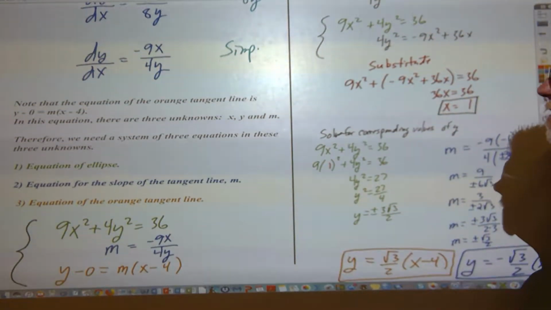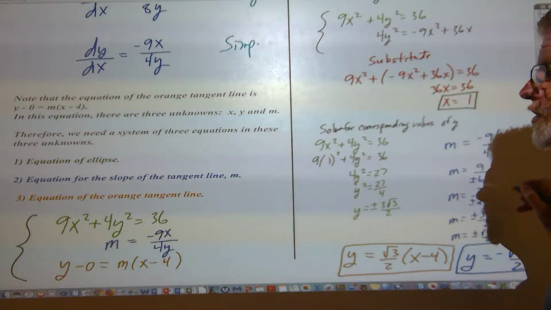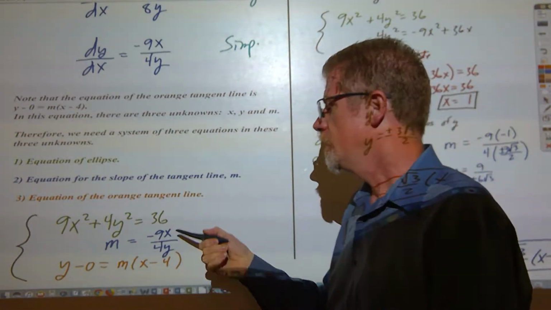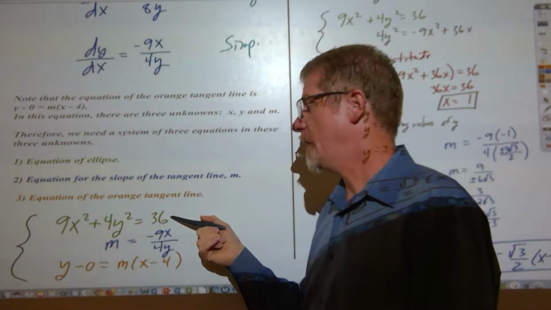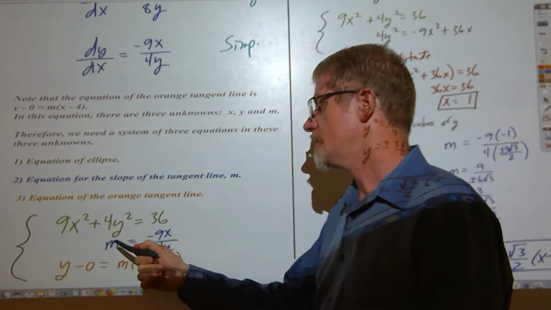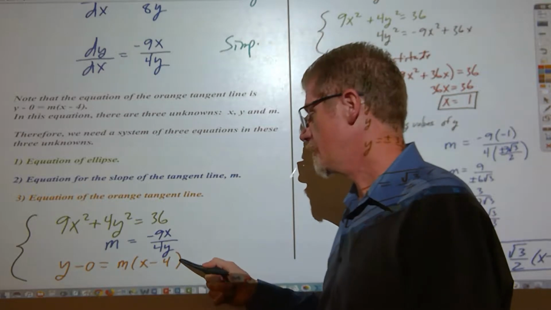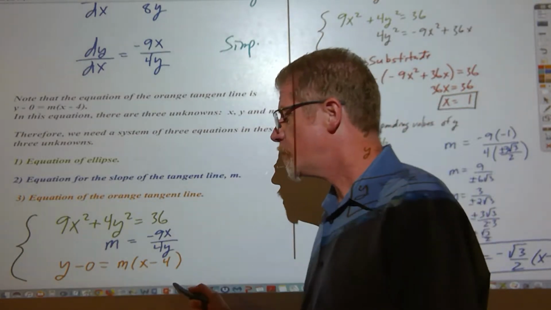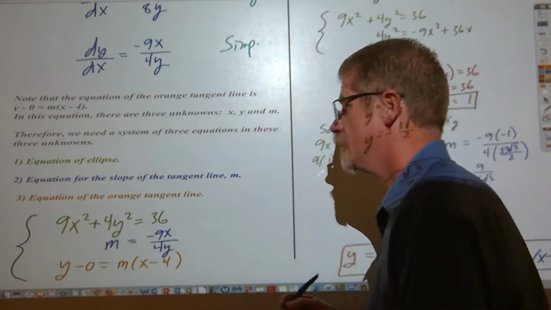And so that motivated me to set up a system of 3 equations and 3 unknowns. So here's my 3 equations. One equation between x and y is the given equation. A second equation is that the slope is negative 9x over 4y. And a third equation is the equation of the tangent line.